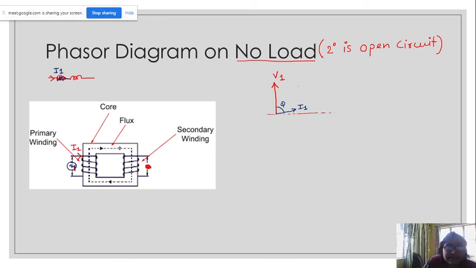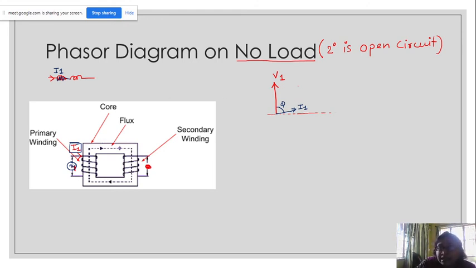Now we know the flux that is going to be generated depends upon this current I1. The flux is actually a purely inductive thing, so the flux will always be 90 degree lagging with respect to the voltage.